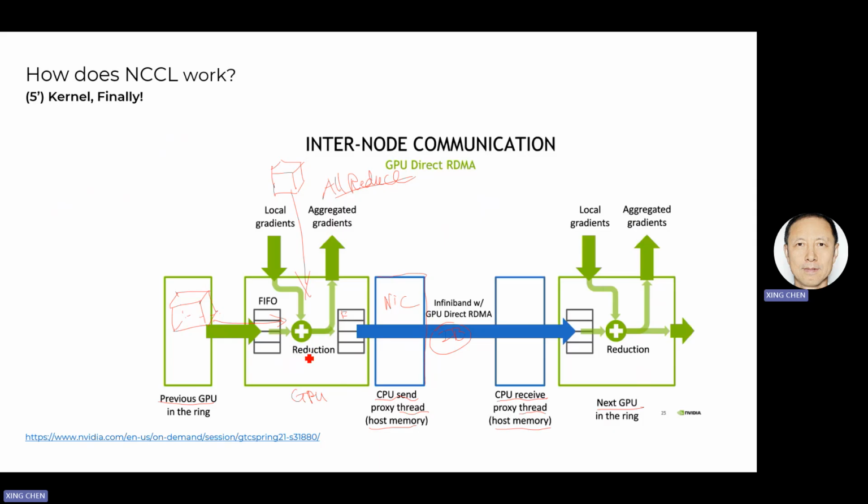Means after the job has been done, the communication infrastructure should be destroyed, and the next time you need to build it up again. But that's not the case with this part. This is the InfiniBand.